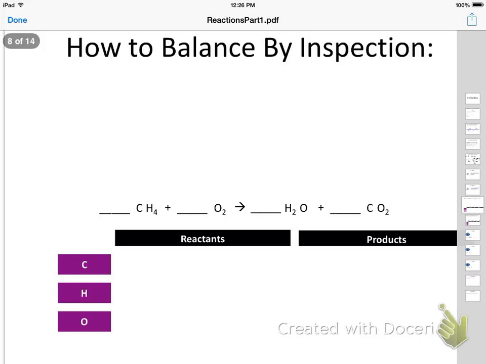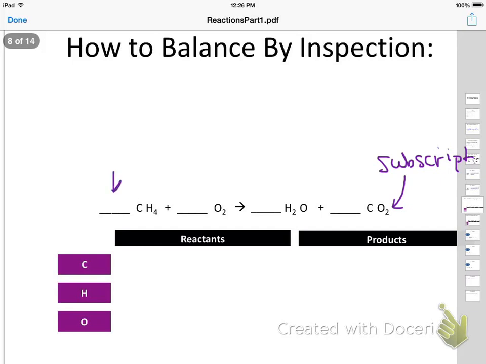First, we need to define this little number down here behind an element we call a subscript. And that subscript refers only to the element immediately behind it, or if we have a polyatomic ion, the elements that are in parentheses.